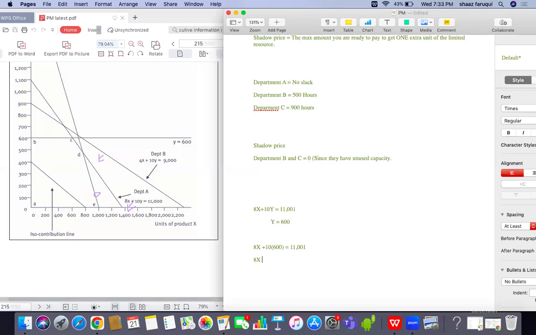Therefore, 8x plus 6,000 is equal to 11,001. Therefore, 8x is equal to 11,001 minus 6,000. How much is 11,001 minus 6,000? 5,001.